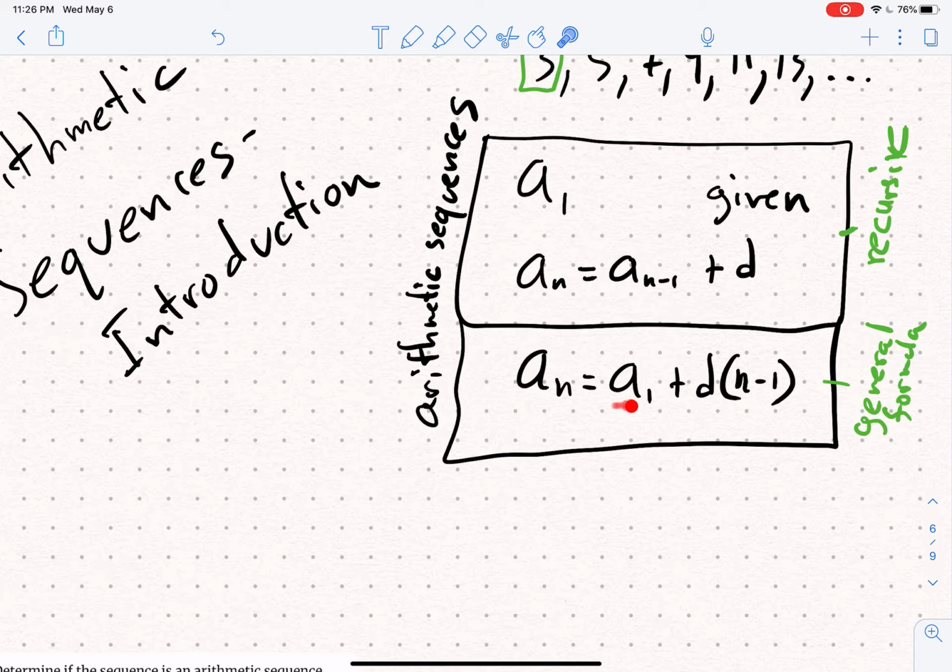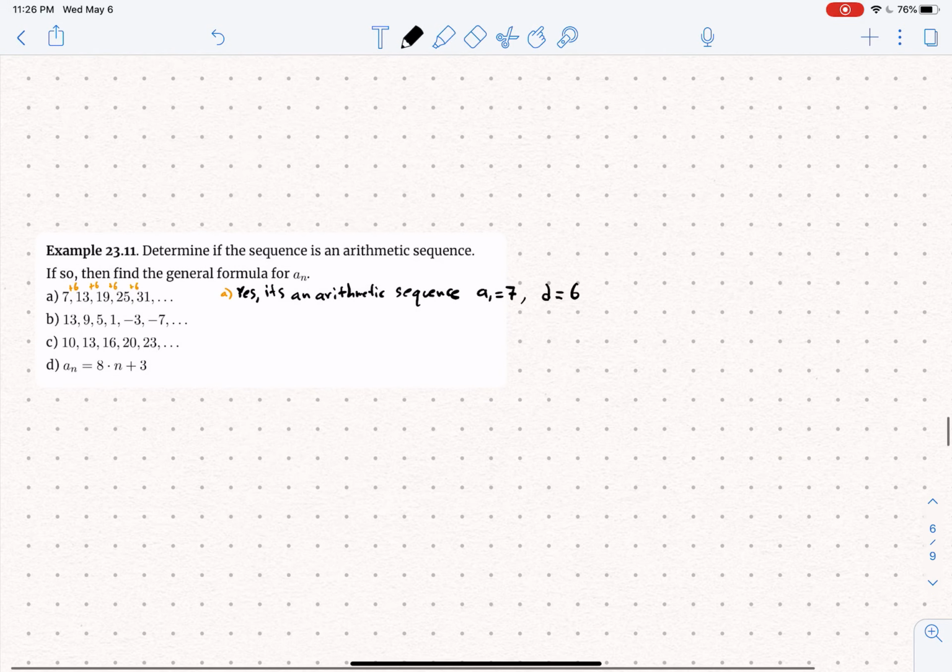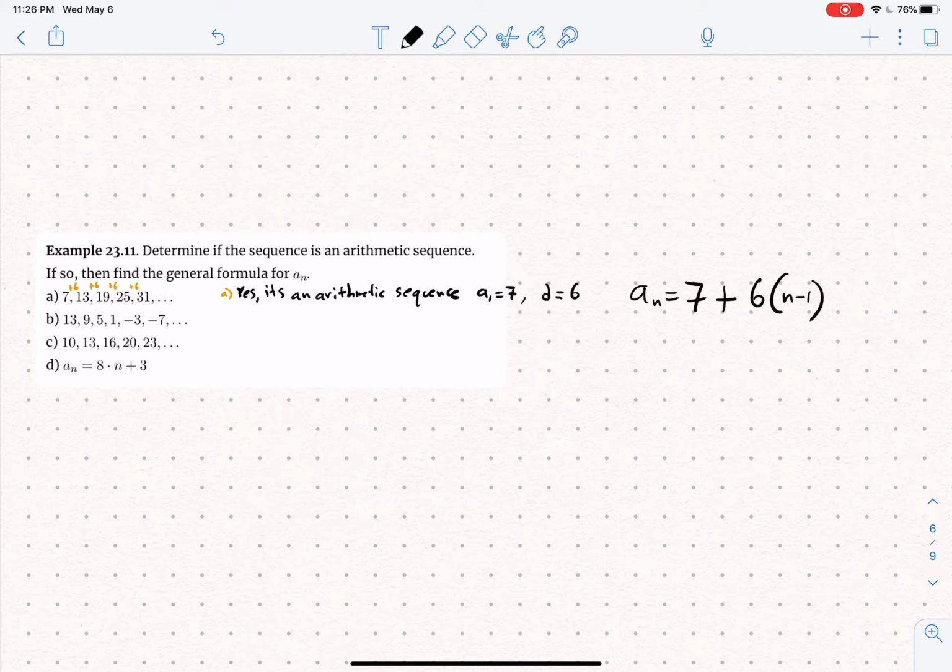Remember, AN can be a formula, it can have numbers in it, and it can have the letter N in it. So this N is going to stay here. We're just going to substitute in the A1 and the D. So here's our general formula. AN is equal to 7 plus the common difference, 6 times n minus 1. First of all, this is a perfectly good formula for the terms of the sequence.